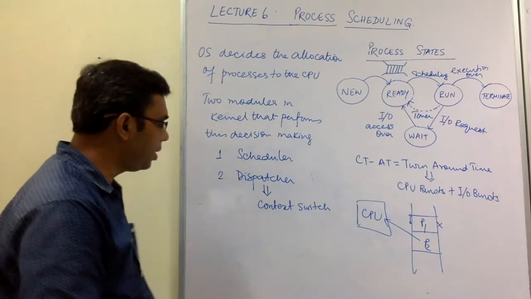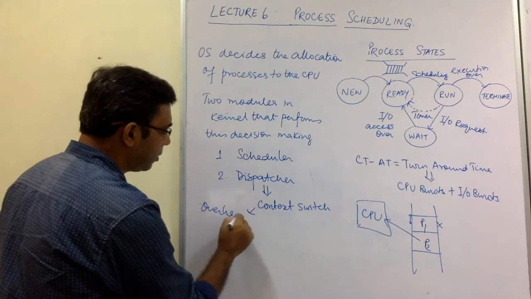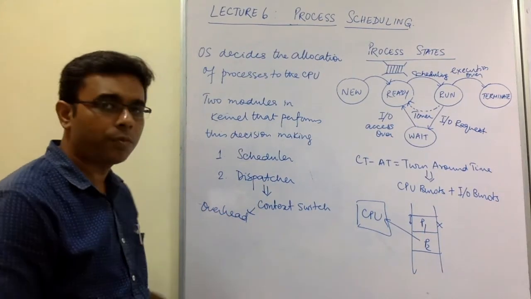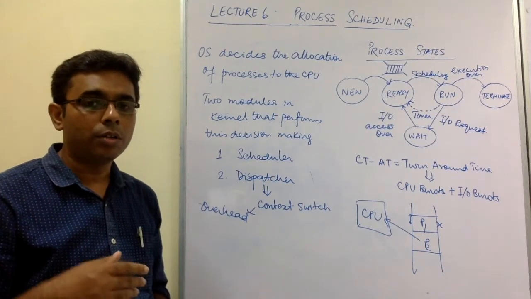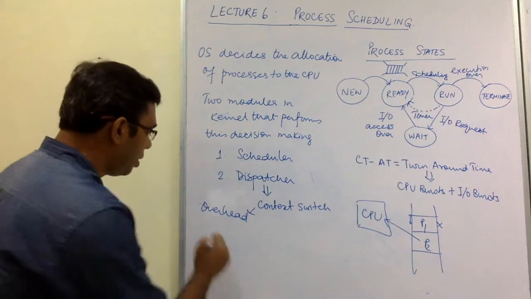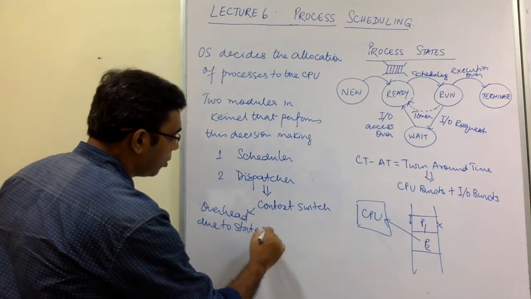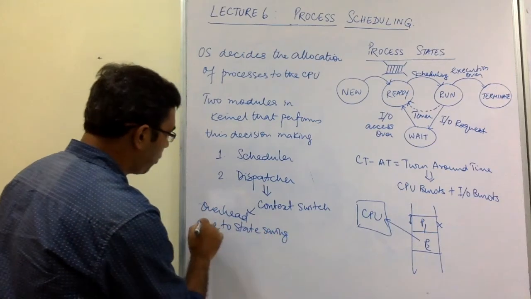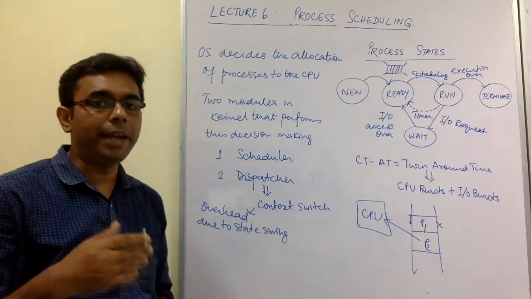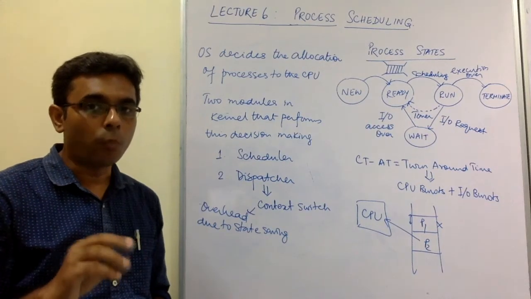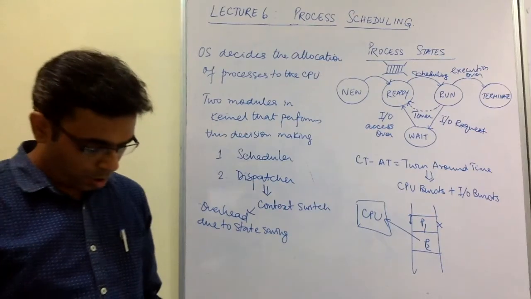So the context switch actually has an overhead, and this is in terms of time. You spend a lot of time in performing those state savings, the overhead due to state saving when you move from one process to the other. So this is the latency that is there whenever a process is taken out and another process is allowed in.